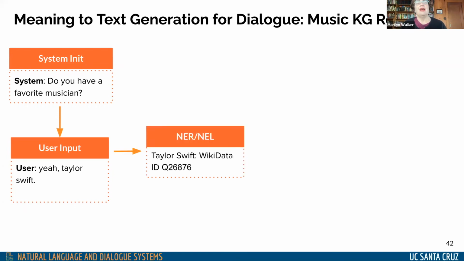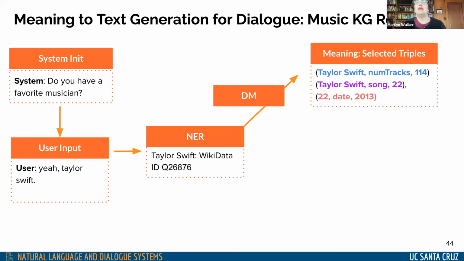Again, we have the natural language understanding, which includes the named entity recognition and named entity linking. It links Taylor Swift to a particular Wikidata ID. Then that gets passed to the dialogue manager along with some other natural language understanding results, not just the named entity. And the dialogue manager selects particular triples that it wants to say about Taylor Swift.